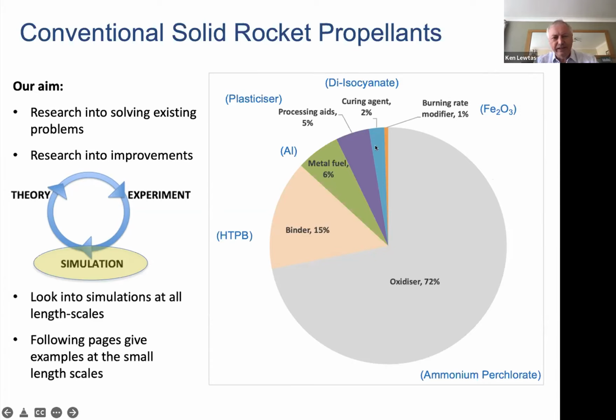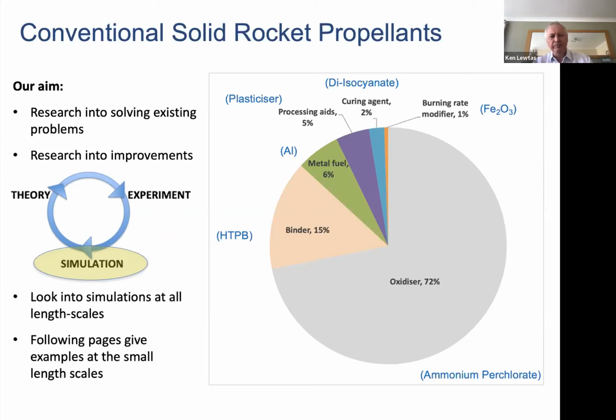So I entered this field not so long ago, and there were existing problems and a need to improve things. So as I've done quite often, this is fundamental. You know, you have a theory, you do the experiment, and the idea is that each time we do the experiment, we try and do the simulation.